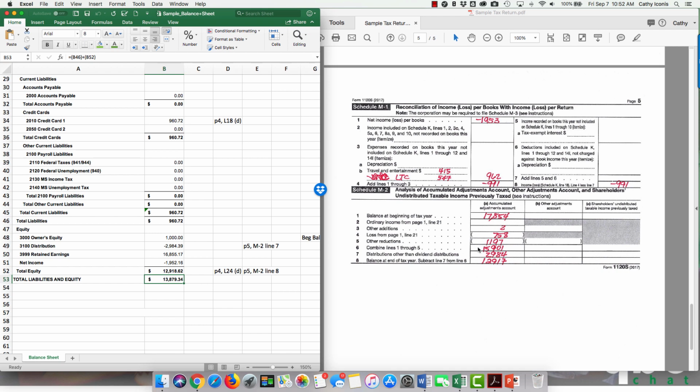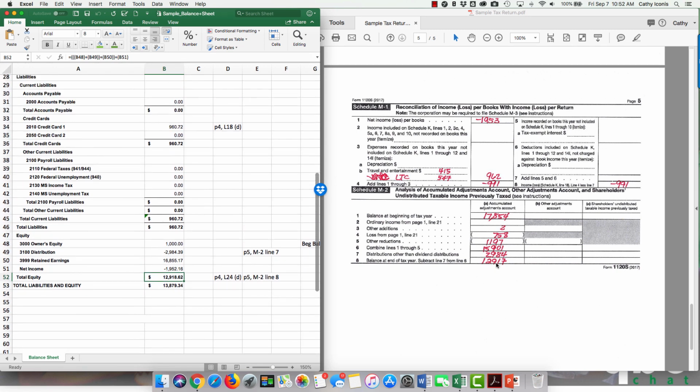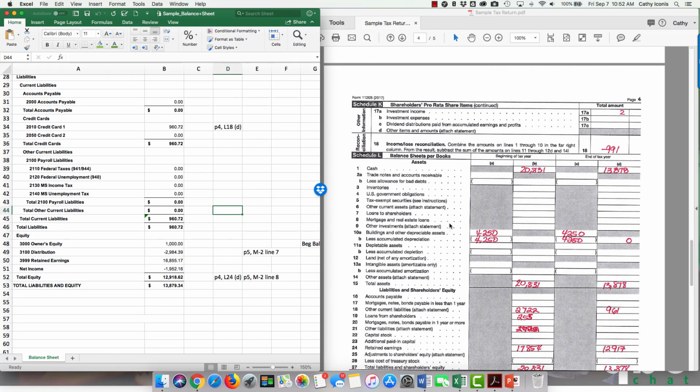Other reductions, combined lines, and distributions other than dividend distributions. And what we come up to is that 12,917 right here. So it's explaining to us how we got to that ending amount, which is a great way to figure out, if you have any differences, it could be from these things. So that's how you actually go through and you tie out the information to the tax return.